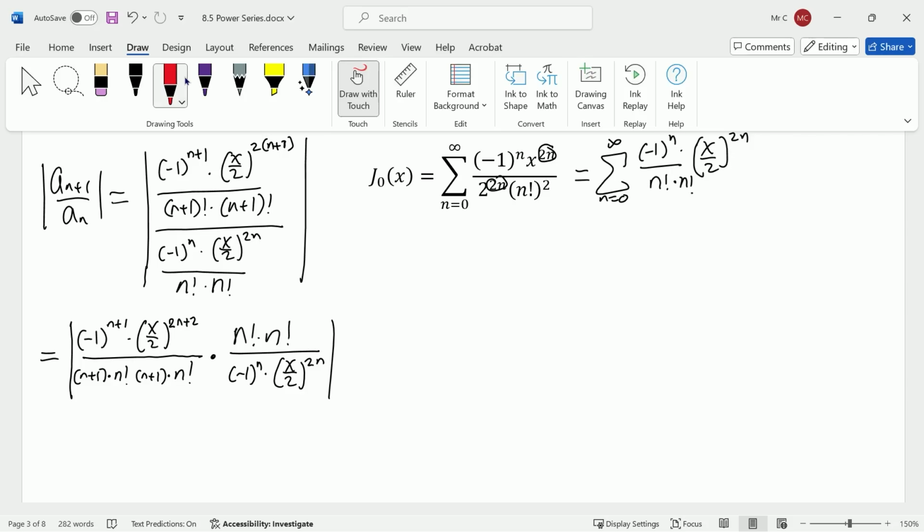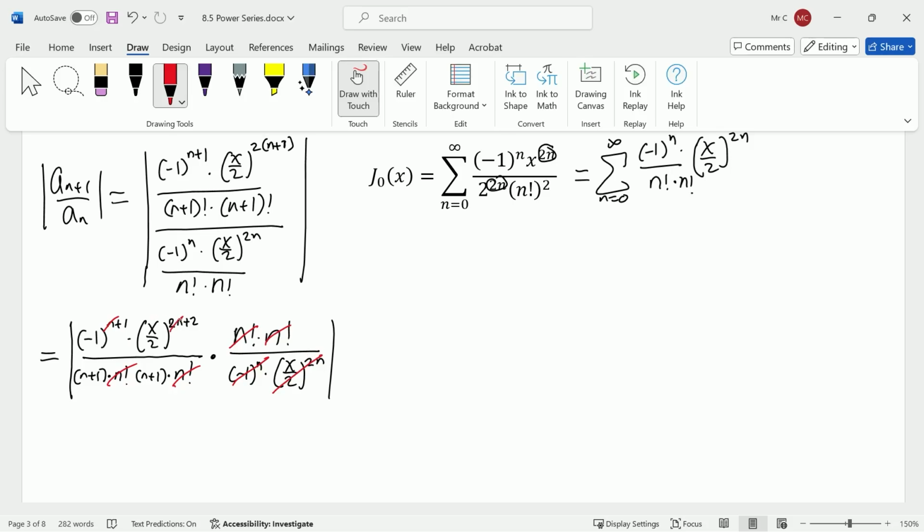And now we can do a whole bunch of cancellation. So negative 1 to the n plus 1 power over negative 1 to the n just leaves me with negative 1 to the first power. N factorials cancel each other. And then up here we've got x over 2 to the 2n plus 2. And down here we've got x over 2 to the 2n power.